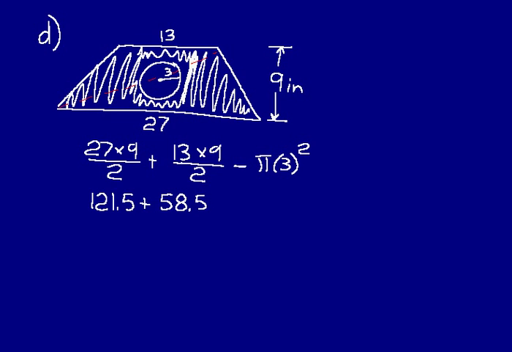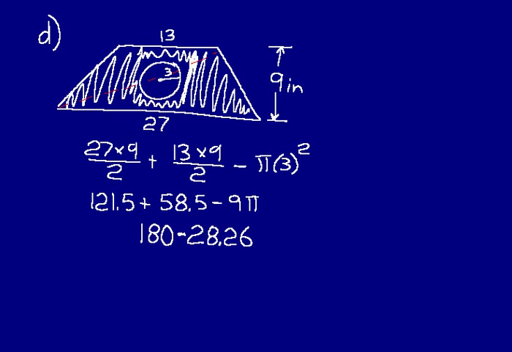And then minus pi times 3 squared, or pi times 9. I'll just write 9 pi down. And then let's go ahead and add 121.5 and 58.5. That'll be equal to 180. Subtract from that 9 times pi, or 9 times 3.14, which would be 28.26.